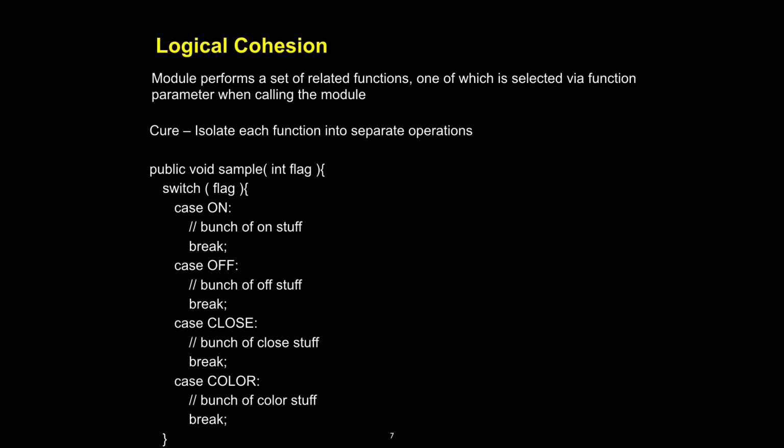Instead of having all this different stuff in the same place, same solution as in control coupling, we break it into separate functions, and then we're not combining a bunch of stuff based upon that control flag.